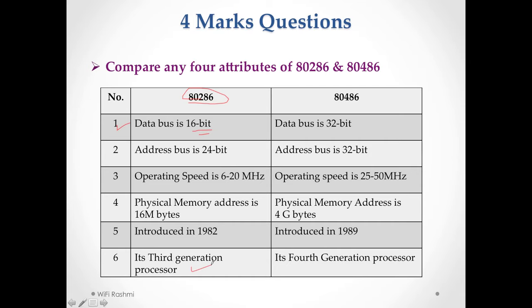Here it is 32 bit, so it is a fourth generation processor. Address bus is 24 bit, and in 80486 address bus is 32 bit. Operating speed is 6 to 20 megahertz, and here operating speed is 25 to 50 megahertz.